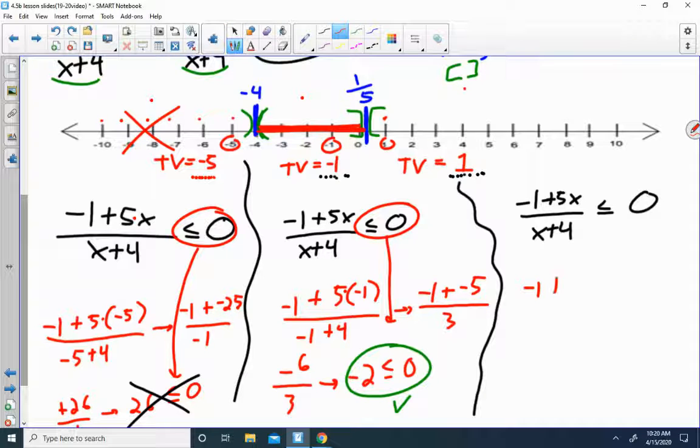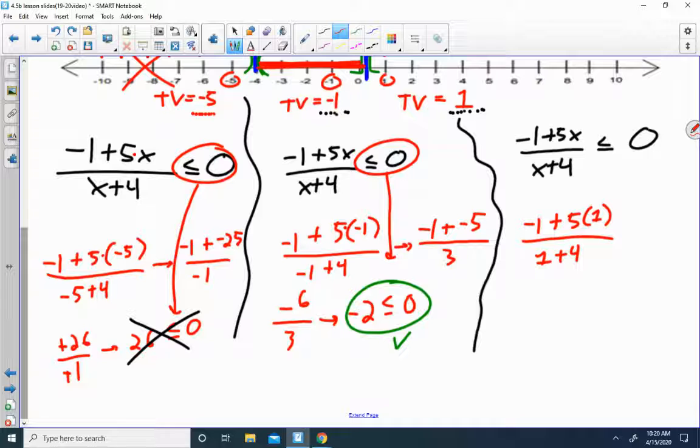So -1 plus 5 times 1 all over 1 plus 4. Simplify from there. On top, we're going to get -1 plus 5, because 5 times 1 is 5. On bottom, 1 plus 4 is 5. Simplify the top, you'll get 4, and the bottom stays 5. So you just get 4/5.